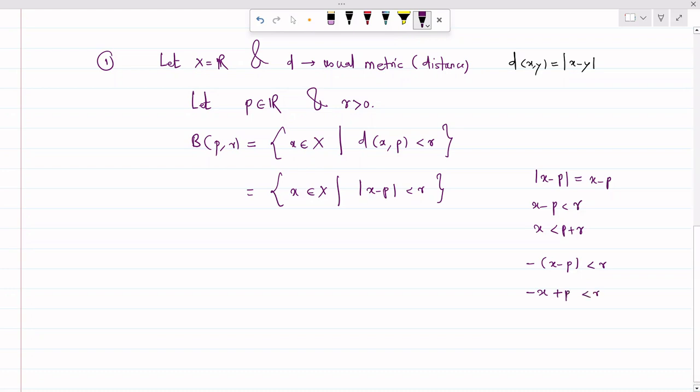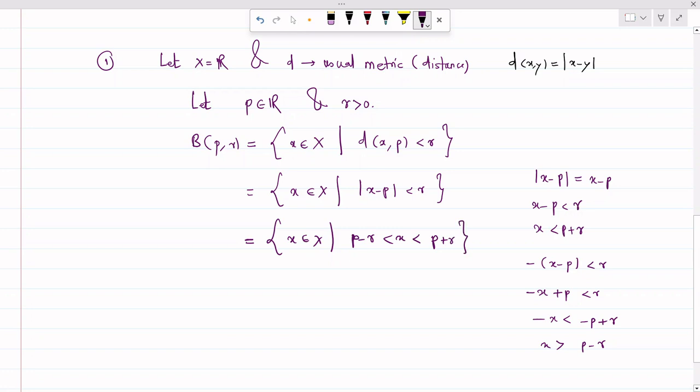So definitely we will have minus x less than minus p plus r, and if we multiply both the sides by minus, then x is greater than p minus r. So this is equal to x belongs to X such that p minus r is less than x and x is less than p plus r.